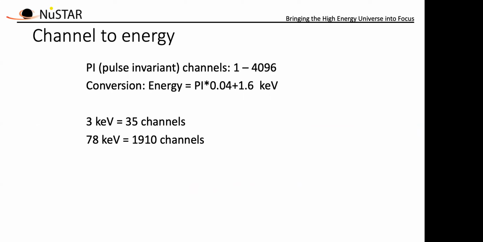That's as low as NuSTAR goes. And then our resolution is 0.04, so each PI channel corresponds to 40 eV. We have 4,096 channels, so that's the number of PI channels. You multiply that by the 40 eV, then you get your band, and then you have to shift it to where it starts, which is 1.6 keV.